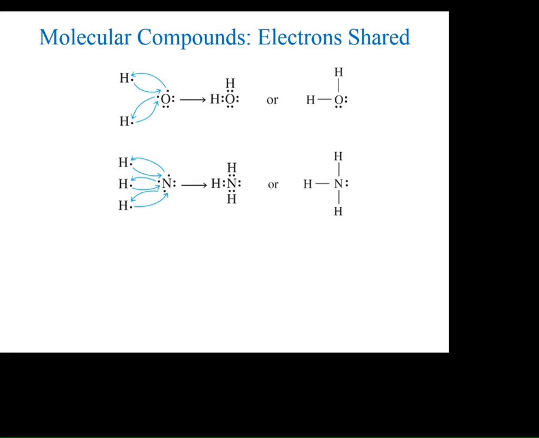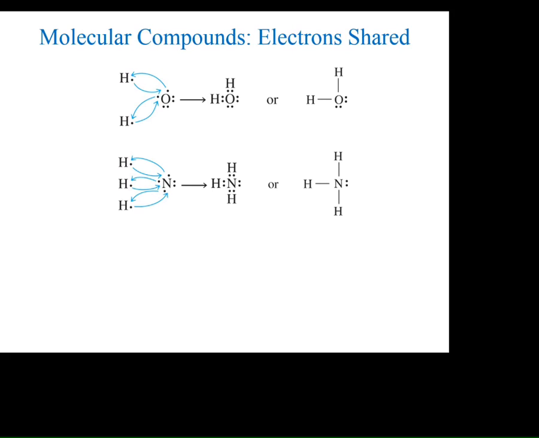So in this case, if it's going with hydrogen, it's going to need to partner up with 3 hydrogens. So can you see that? So 1, 2, and then 3. And then at the end, we're all happy because nitrogen has its 8. Every hydrogen has its 2 for its duet.